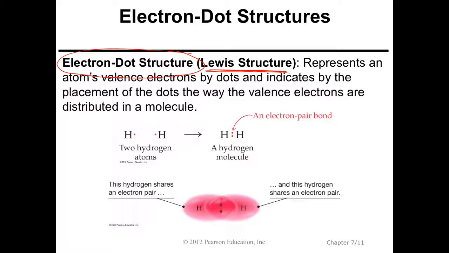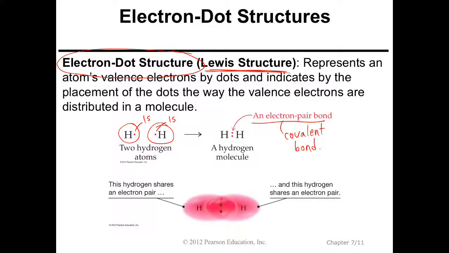So if two hydrogen atoms come together, each of those atoms has one electron. Just remember these are 1s electrons. When they both come together, they form a covalent bond.